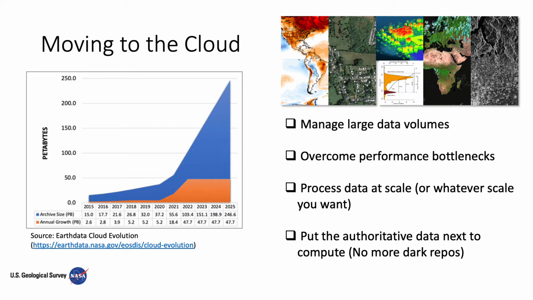The cloud will allow data archives to overcome storage and distribution bottlenecks. It will allow data users to overcome processing bottlenecks, allowing them to process Earth observation data at scale or whatever scale they want. Finally, NASA migrating data to the cloud means putting authoritative data next to compute.